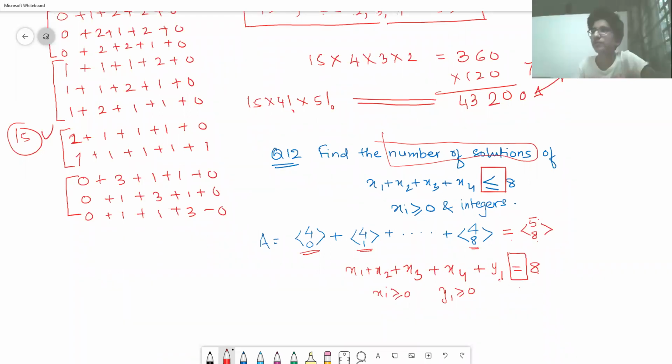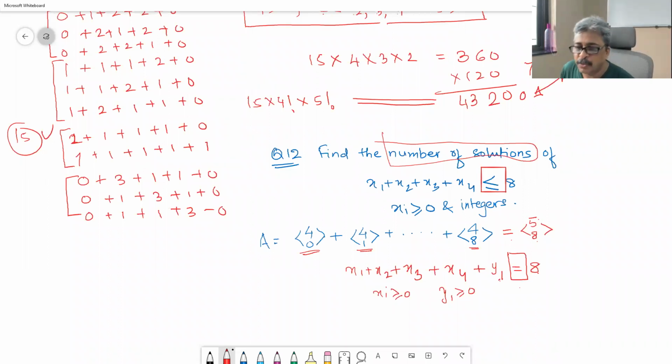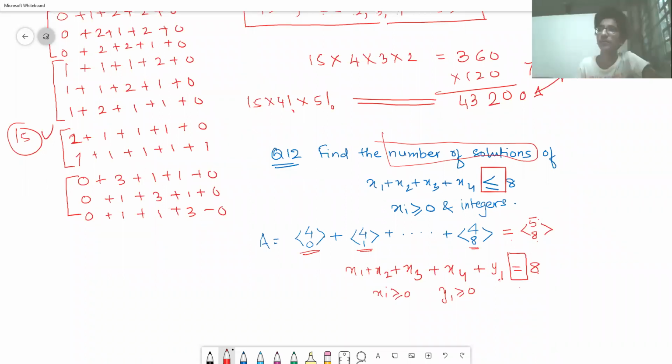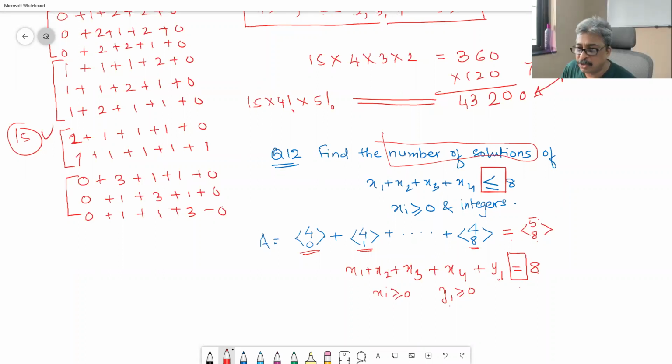Sir, could you explain the y1 part again? Could you explain why y1 is greater than or equal to 0? Yeah. So if it was 0 in LHS, in each case you can write down the value of y1. In this case y1 is 8. In this case y1 is equal to 7.